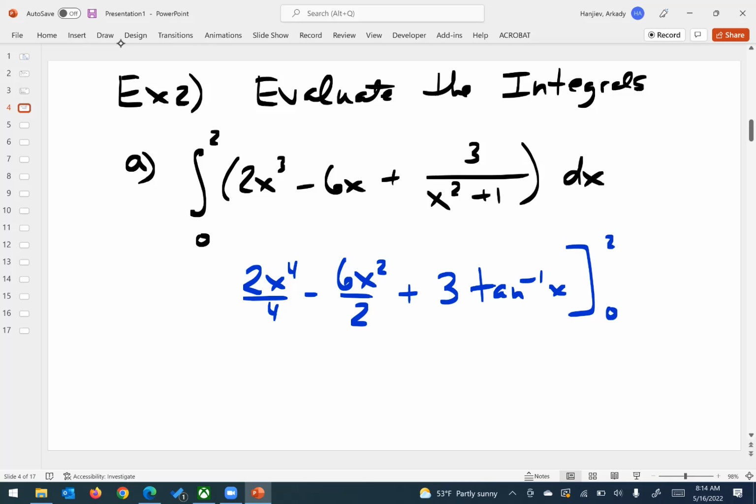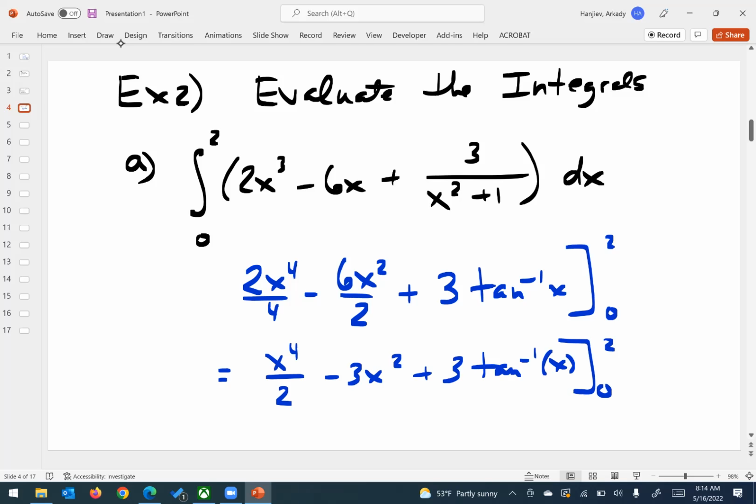Okay, simplified form, just so we can have a simplified version of this stuff here. So I got x to the 4th over 2, that's simplified, minus 3x squared, plus 3 tangent inverse of x, 0 to 2.